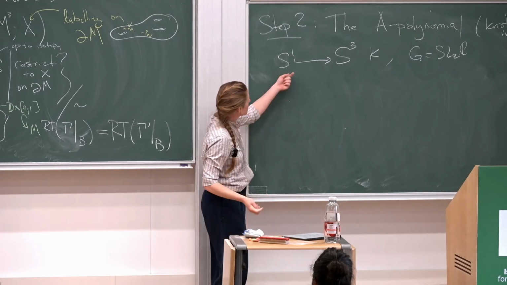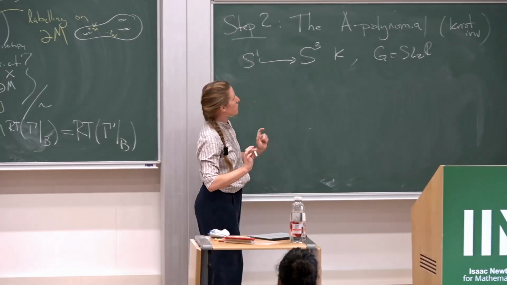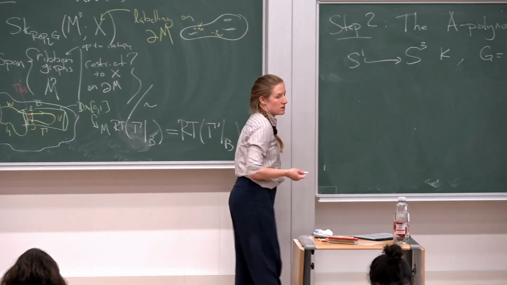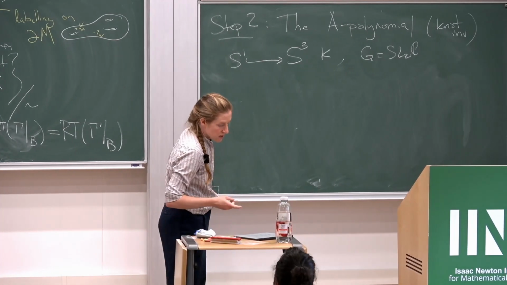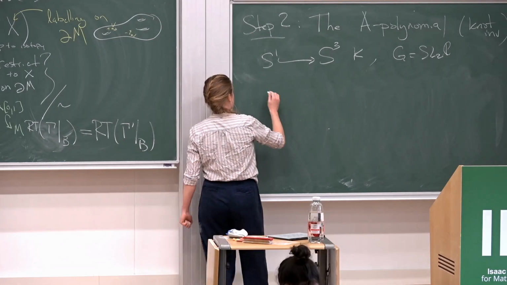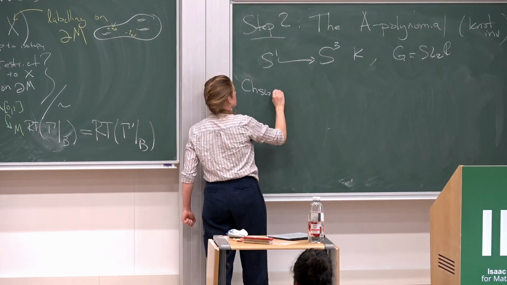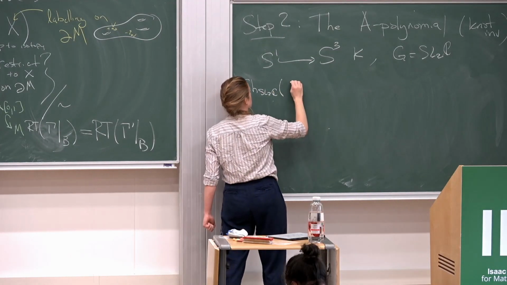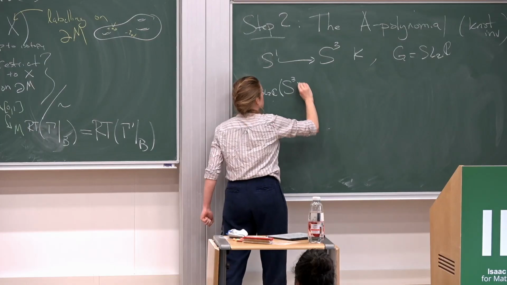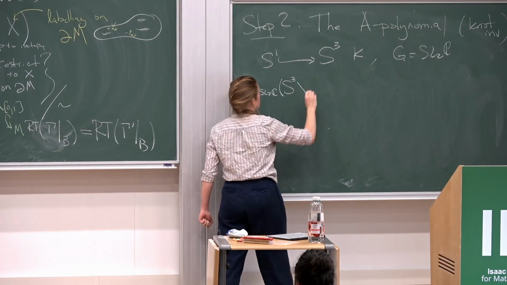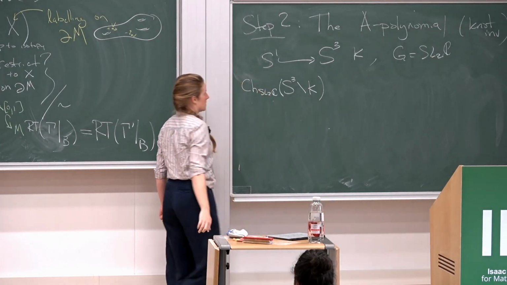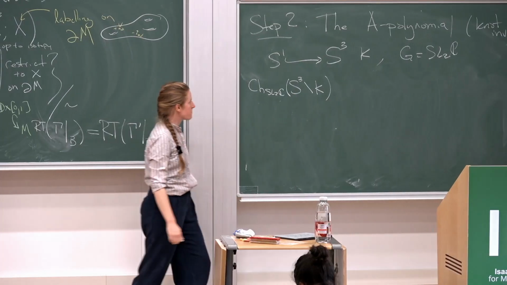What I want to do is, given this knot and this group, make a polynomial. And how is this done? Using character varieties. I'll take this SL2C character variety. So I take S3, and I'll remove the knot K. This is what's called the knot complement.